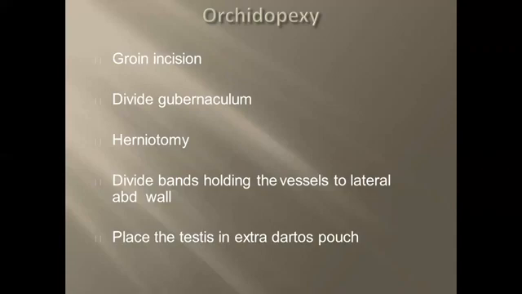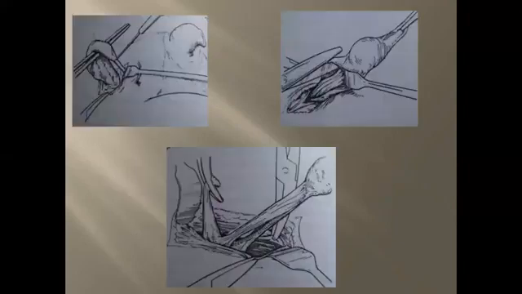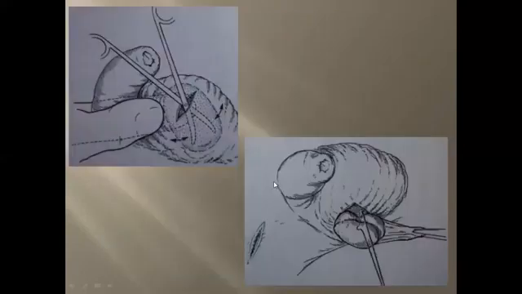You make sure that you have done herniotomy, divide the bands holding the vessels to the lateral abdominal wall, and place the testis in the dartos pouch, what we call Aberdeen's operation. These are the stages of orchidopexy, and you make an inguinal incision here. You can see the incision and the gubernaculum, which you mobilize, and this is what the dartos pouch is.